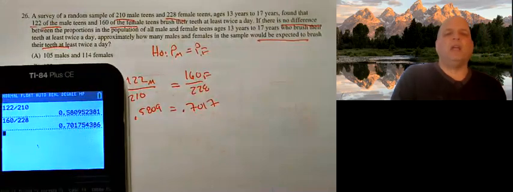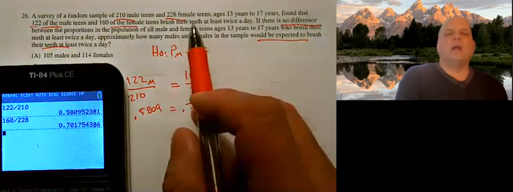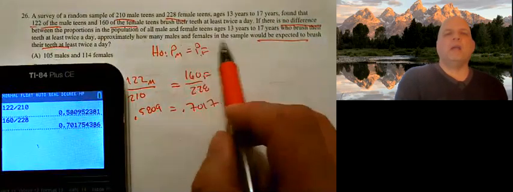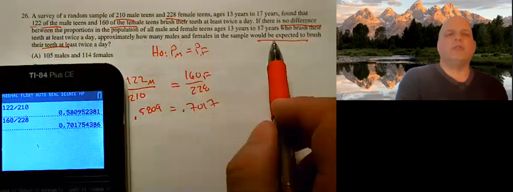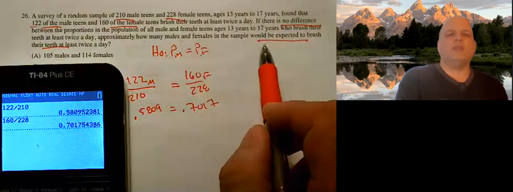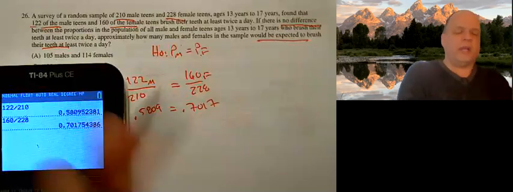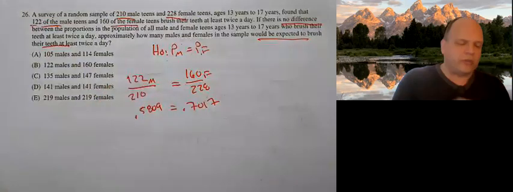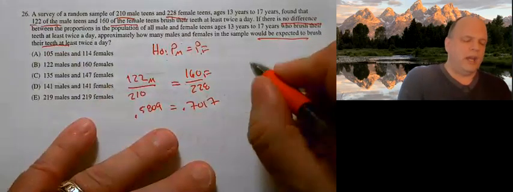But they told me if there is no difference, then what should we do? Well, that's why I wrote down the null hypothesis, because that lets me know, oh, I need to think hypothesis testing. Okay, which means I need to think, well, what is the hypothesis test formula?